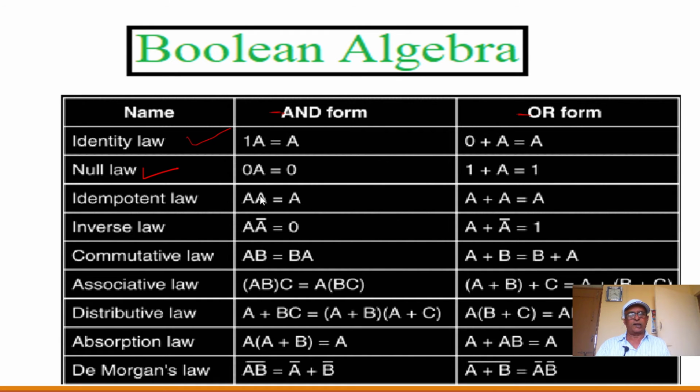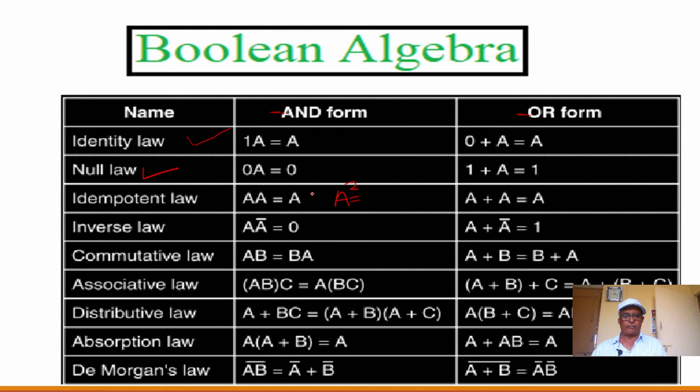Then in the third law, this is idempotent law. This law is called as idempotent law. Now mathematically A into A we can write as A square. So here A into A is A square, but this square is idempotent, means we should not consider it.